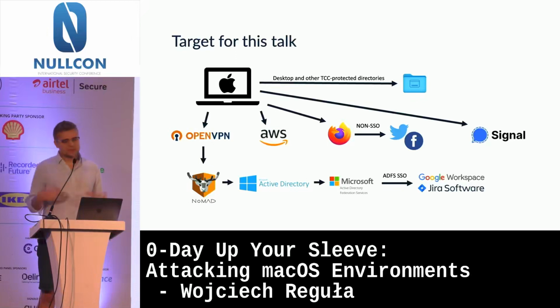It's a typical connection to social media services, not via the company infrastructure. So there will be, for example, stored passwords for social media accounts on such a machine. And that company heard that Signal is a secure messenger, so we'll be attacking Signal on those Macs. And of course, there will be some secret data stored on the desktop or other TCC protected directories.